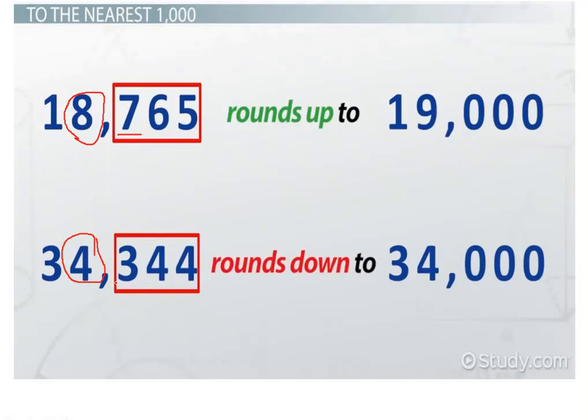Now I underline the 3. Then I ask myself, is 3 more than or equal to 5 or less than 5? It's less. So 3 cannot help 4, and instead of all of the numbers to the right of 4, I will put 0, okay?